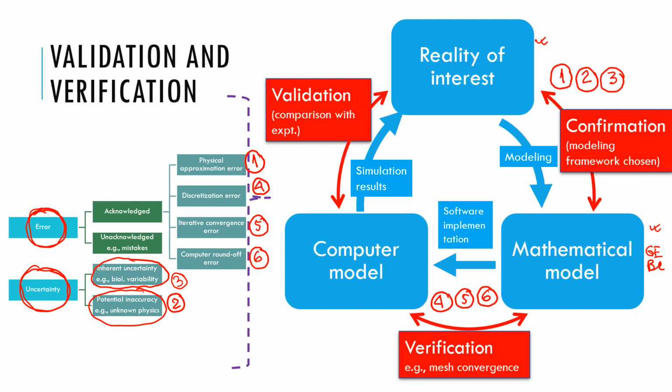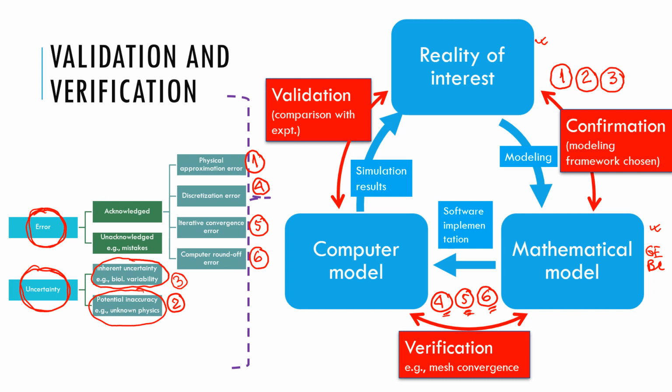So checking for these 4, 5, and 6 is called verification. It's not validation. When 4, 5, 6 are made zero, even then we have not compared with reality yet, so we have not validated the model.